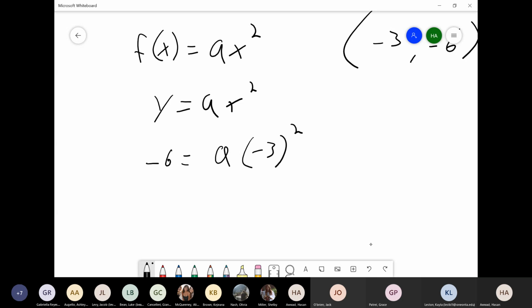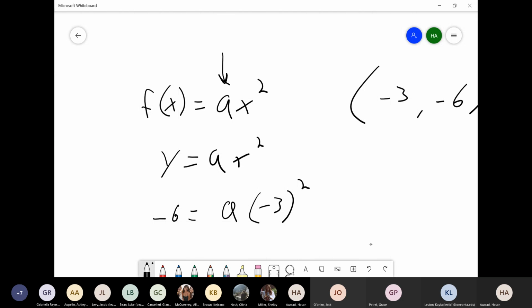Notice the only variable left is a. Once we solve for a, we plug it back in and we're done.